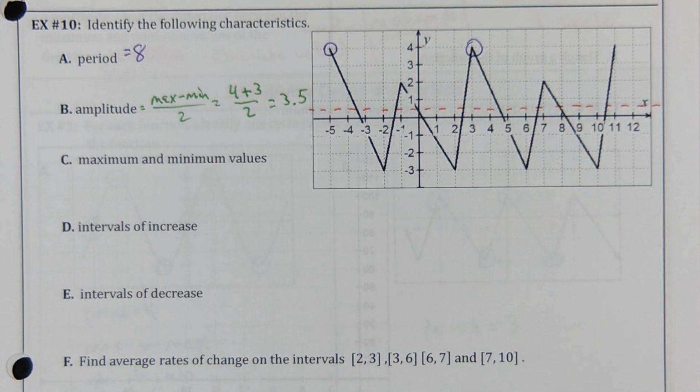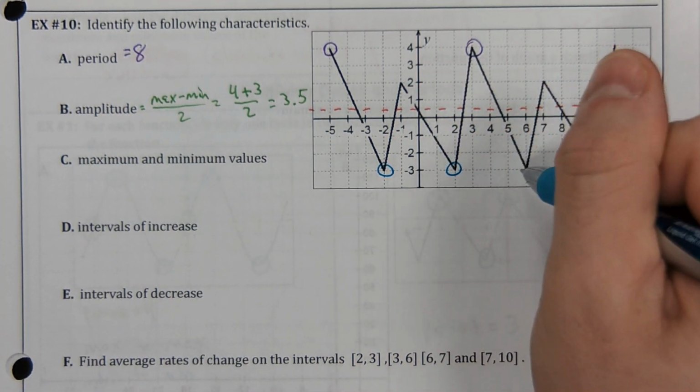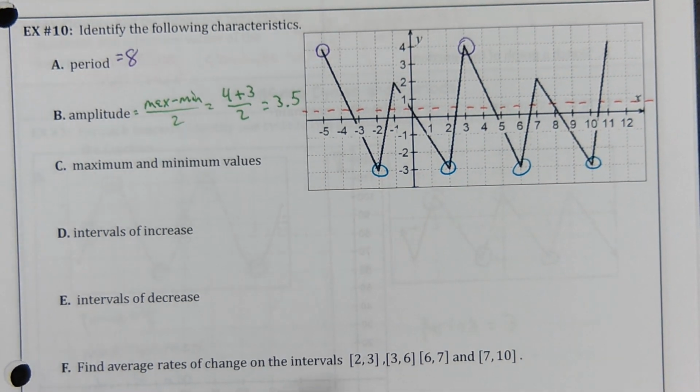Okay. All right. Minimum values are going to be a trick. How far apart are my minimum values? They're 4 apart. Isn't that crazy? These minimum values are 4 apart, whereas the maximum values are 8 apart.